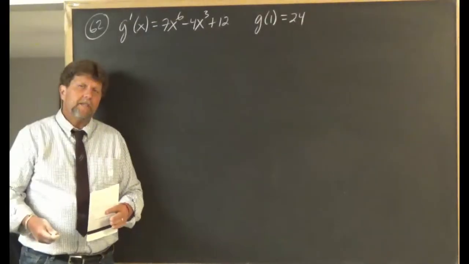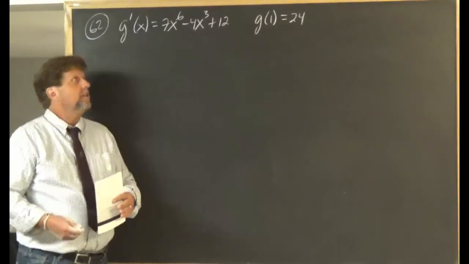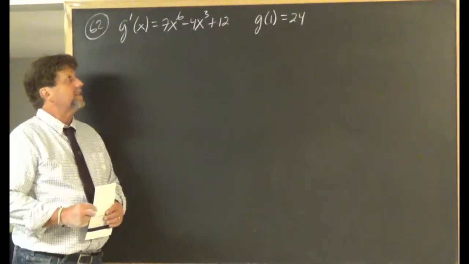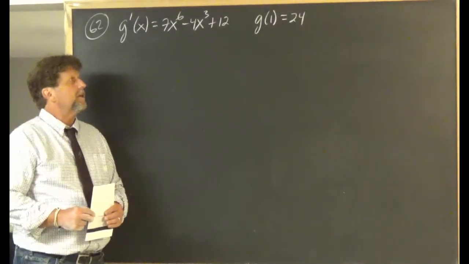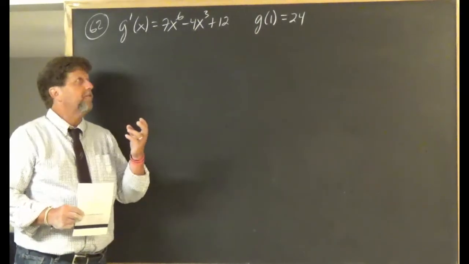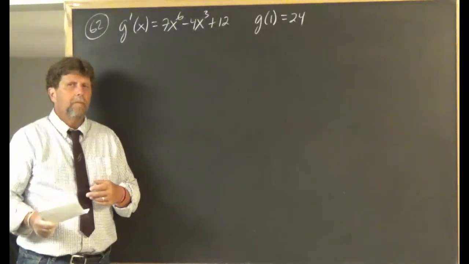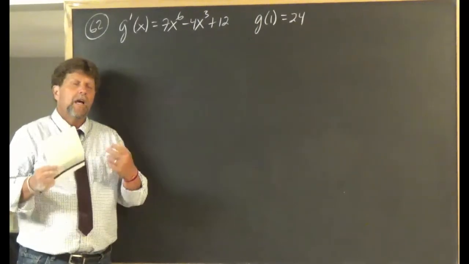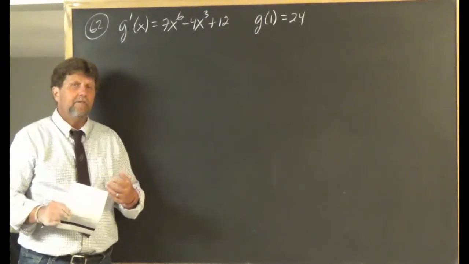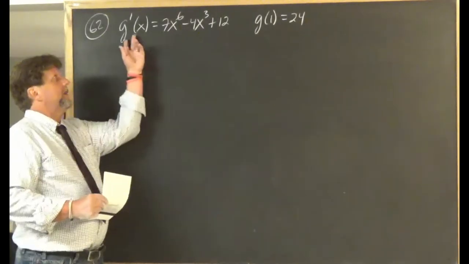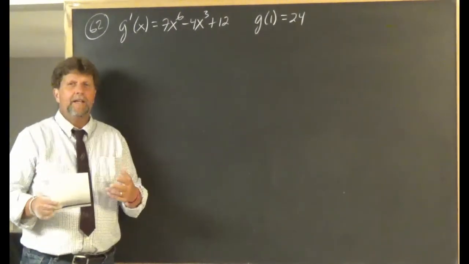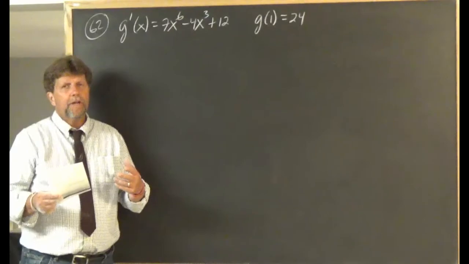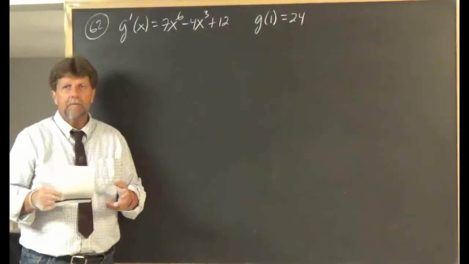All right, here at 62, you were given g prime of x equals 7x to the 6th minus 4x cubed plus 12. And you were told g of 1 is equal to 24. And so we're coming up with the particular solution for g of x. Here, the book didn't give you this as dy/dx, so you didn't have to worry about a first step of algebra.